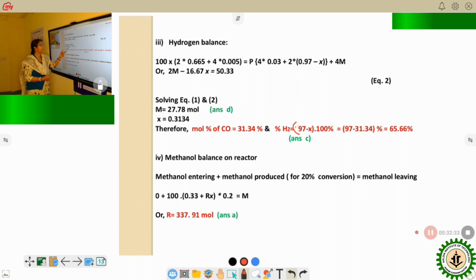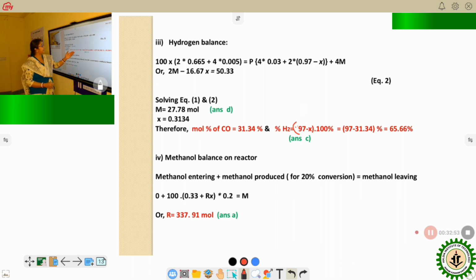From these two equations, we can evaluate these two unknown values, M and X. M is the total number of moles of methanol, and X is the composition of carbon monoxide, which is present in the purge stream as well as in the recycled stream.